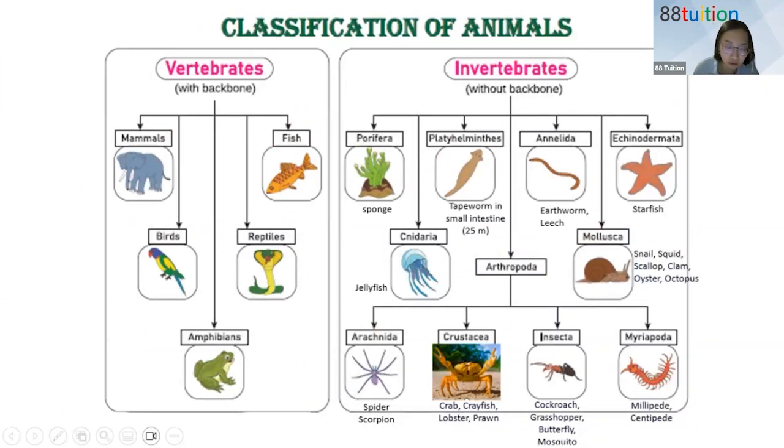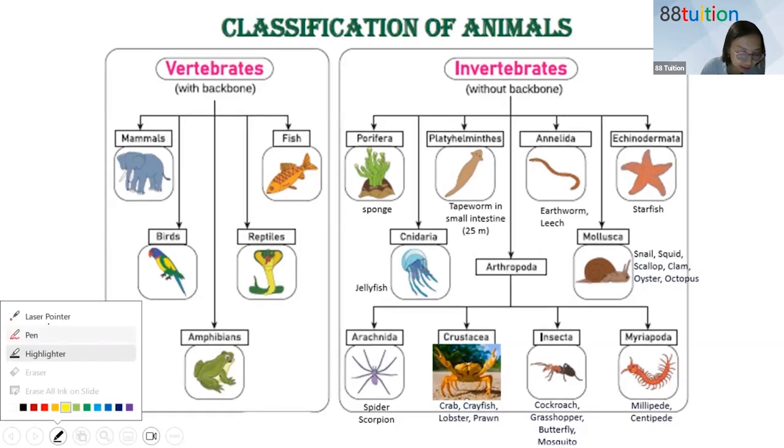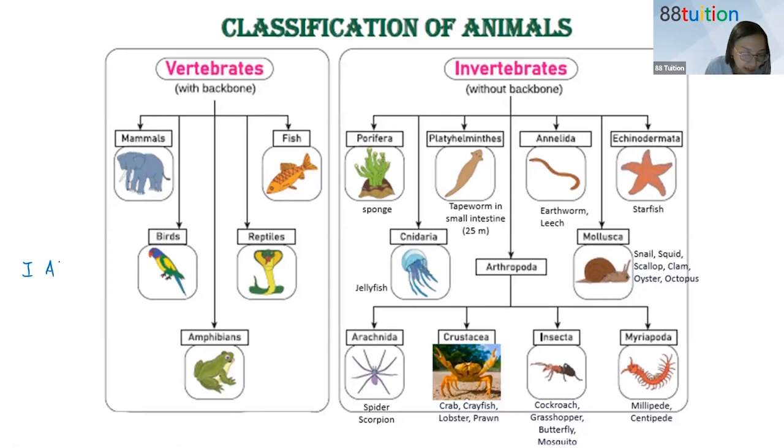There are 6 animal groups. How you remember is you can remember by "I ate rats for my breakfast." Okay, I'm going to write here: I ate rats for my breakfast. It's just a memory aid to remember.